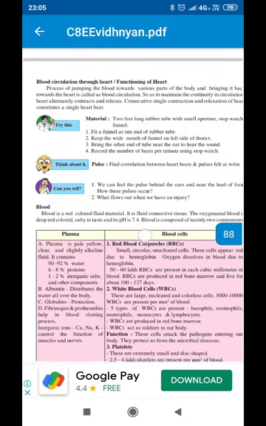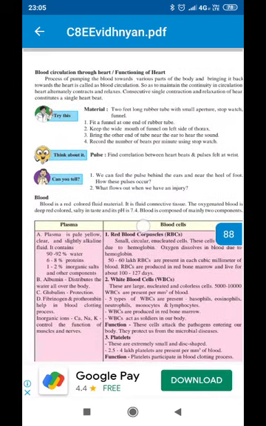Now, blood circulation through the heart, or functioning of the heart. The process of pumping the blood to various parts of the body and bringing it back towards the heart is called blood circulation. I repeat again, the process of pumping the blood towards various parts of the body and again bringing it back to the heart, we call blood circulation.